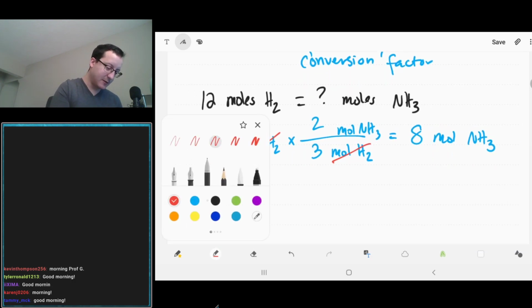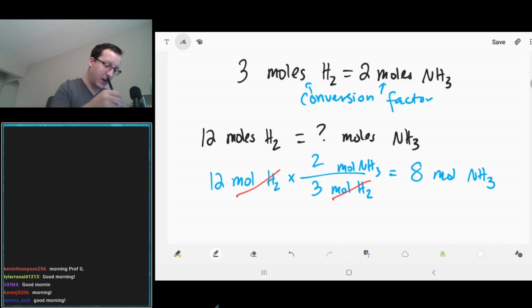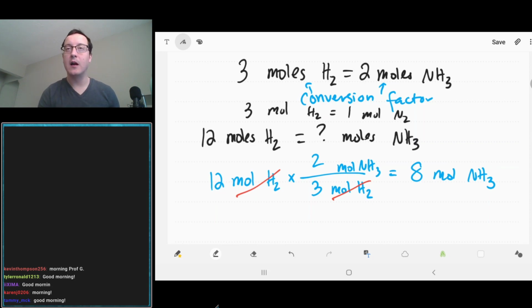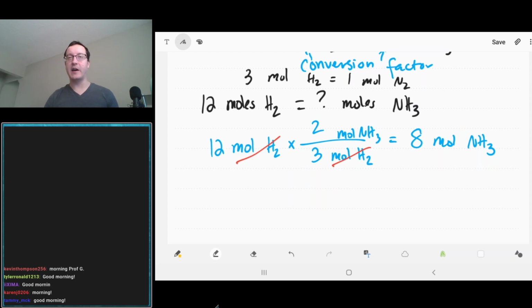We can also see, if we remember that we had the conversion factor for nitrogen gas, I'm just duplicating it up there so we can see. If we had that 12 moles of hydrogen and we wanted to make that 8 moles of ammonia, we could see how much nitrogen we would need to put in there.